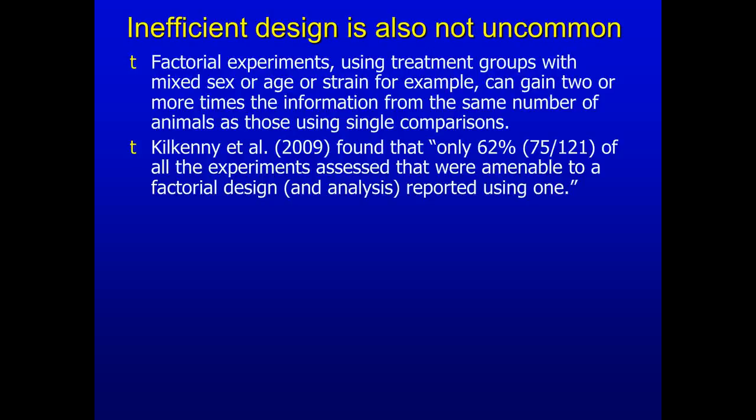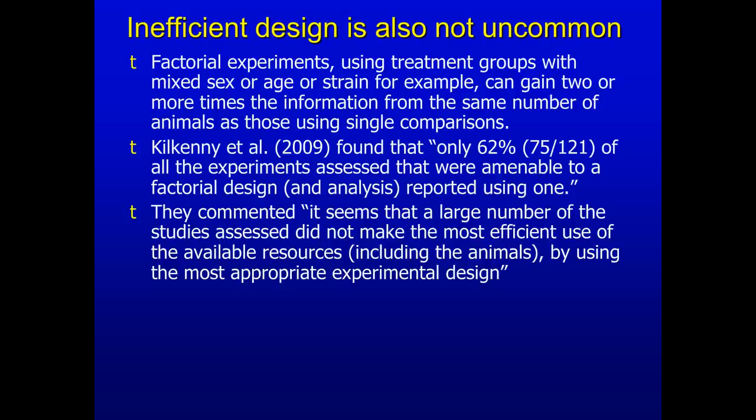And again, that particular survey indicated that where you could use factorial experiments, in which you can gain more information from the same number of experimental units, only about half or less of the papers actually used a factorial design when there was a possibility to do so. And this is a way of wasting animals for the amount of information you can get out.